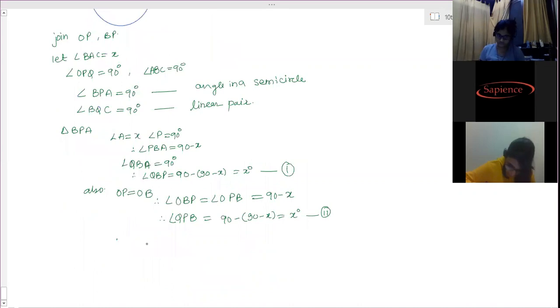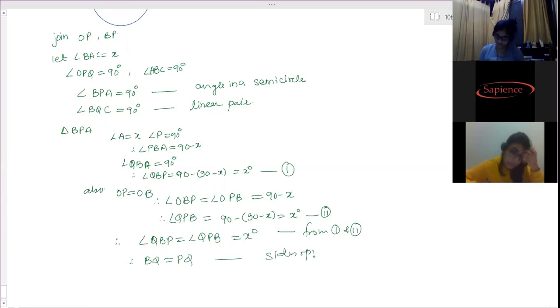So angle QBP is equal to angle QPB, that is equal to x, from 1 and 2. Therefore BQ is equal to PQ, sides opposite to equal angles.